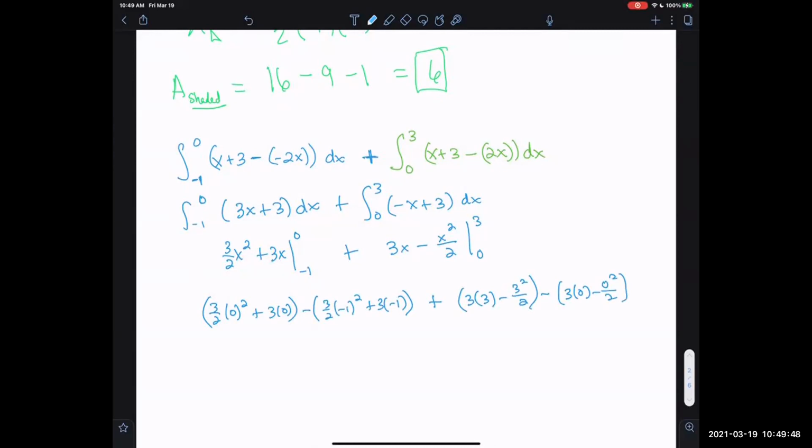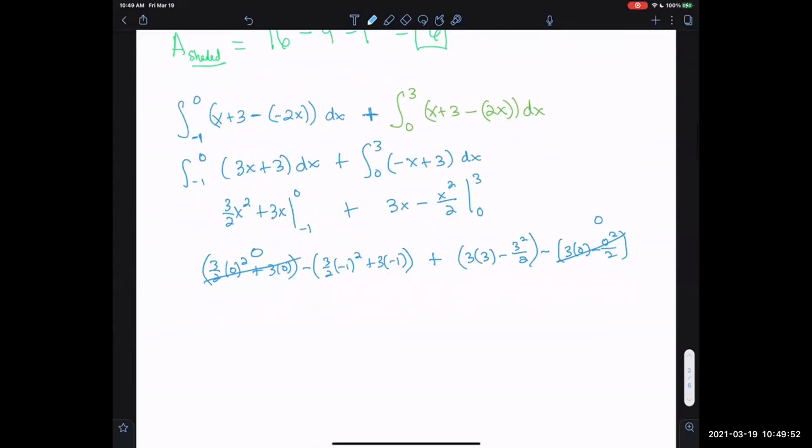And what I'm going to get here is 0. That is also 0. But I've got this minus sign in front of here, so that's 3/2 times negative 1 squared, which is 3/2, plus negative 3, or minus 3.